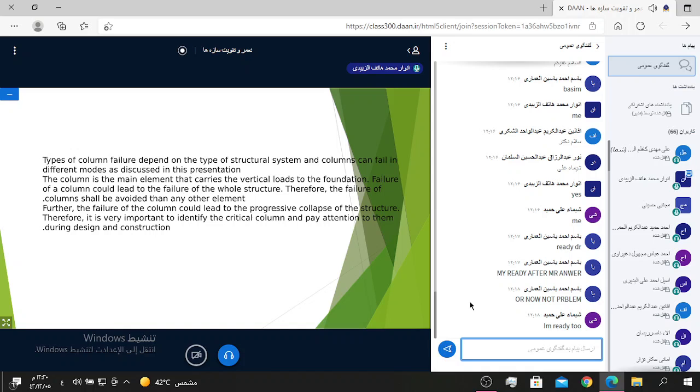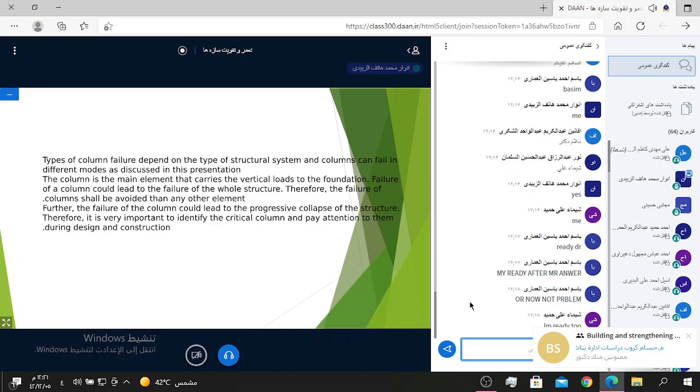Failure of a column could lead to the failure of the whole structure. Therefore, column failure should be avoided more than any other element. Further, it could lead to the progressive collapse of the structure. Therefore, it is very important to define the critical columns and pay attention to them during design and construction.